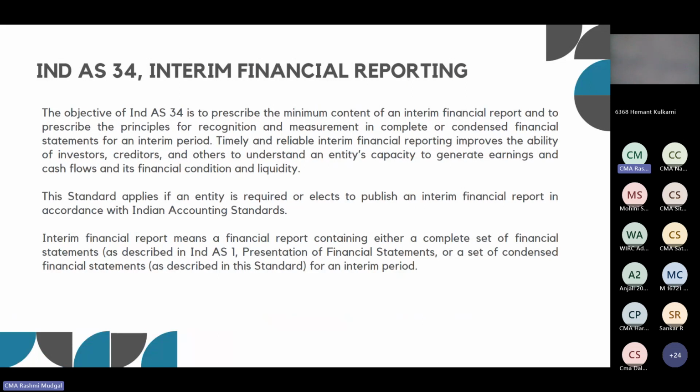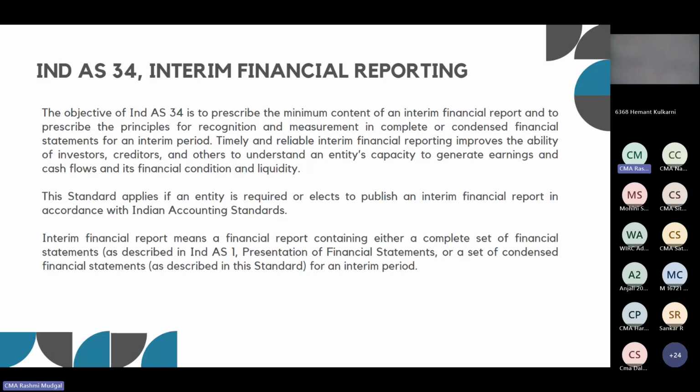Okay, the standard applies if an entity is required to or elects to publish an interim report according to the Indian accounting standard. An interim financial report means a financial report containing either a complete set of financial statements as described in Ind AS 1, presentation of financial statements, or a set of condensed financial statements.